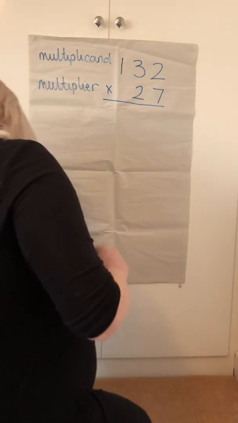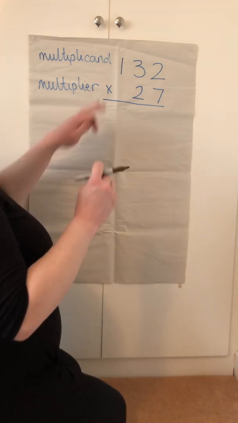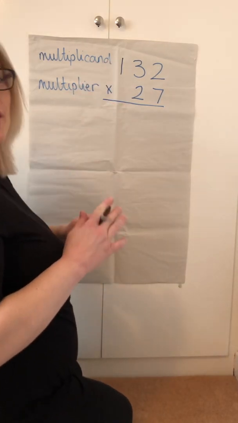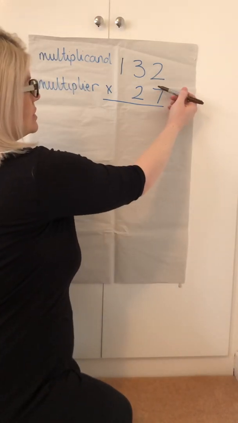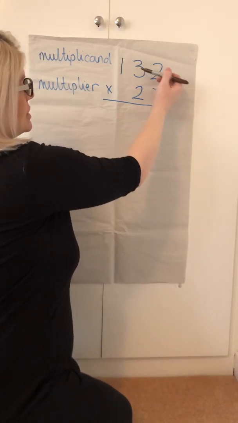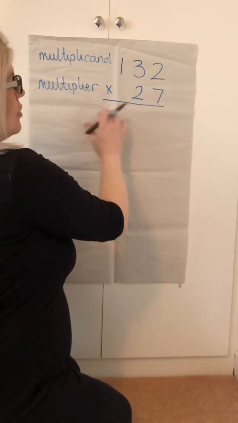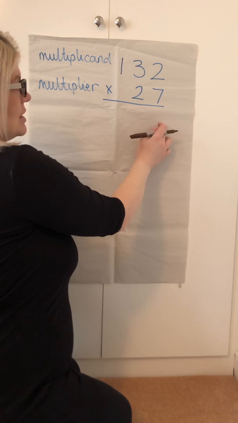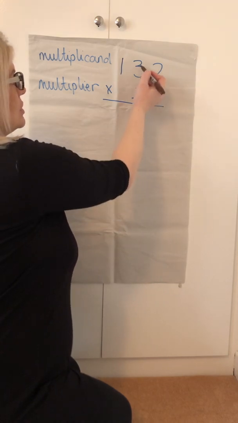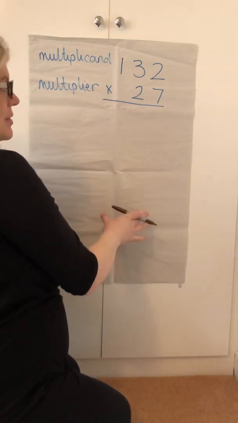I really hope you can see these. I have my multiplicand, my multiplier. I am going to look at my multiplier as always, and I'm going to start with the ones. 7 times 2, 7 times 3, 7 times 1, write the answer. I'm then going to look at my 2 tens, don't forget my 0, 2 times 2, 2 times 3, 2 times 1, and then add them together.